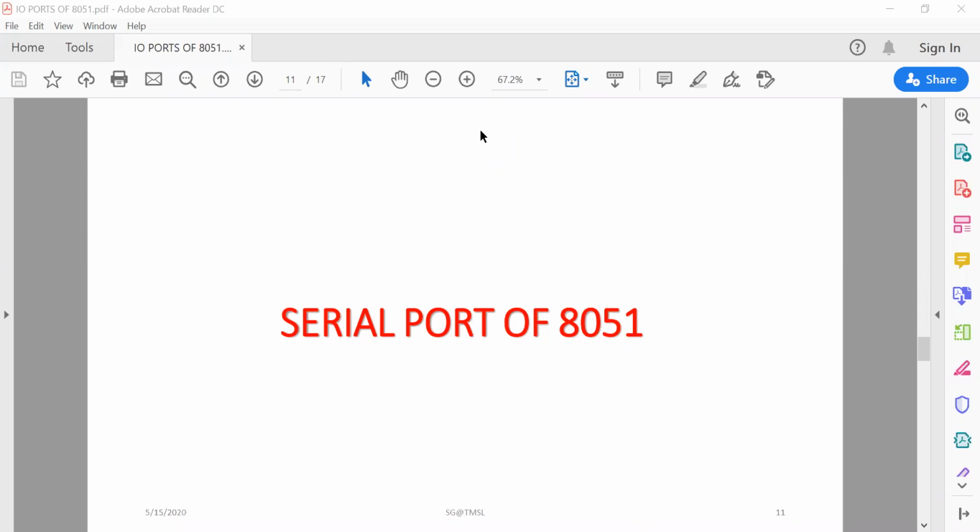Another term is the bit rate, bits per second: how many bits will be transferred in 1 second. Baud rate and bit rate are a major requirement in any serial data transmission technique.